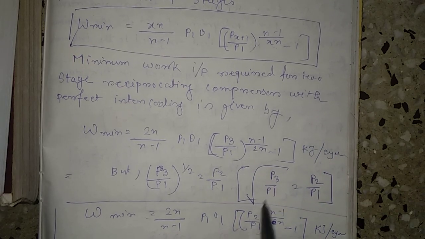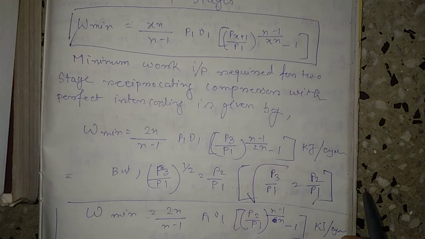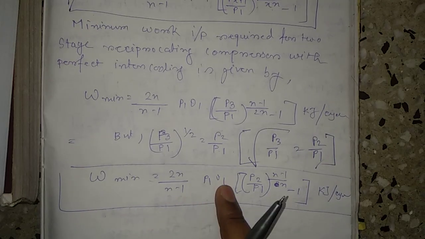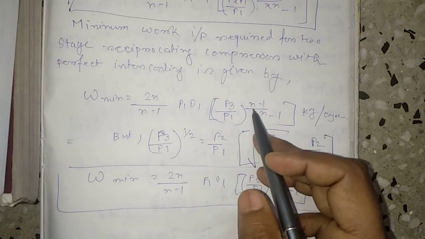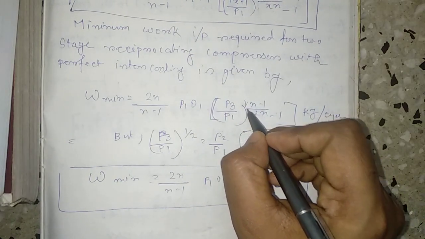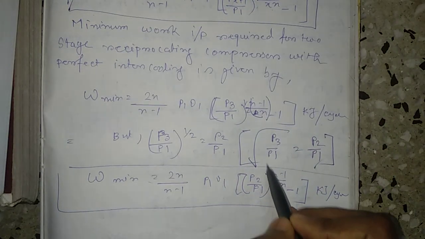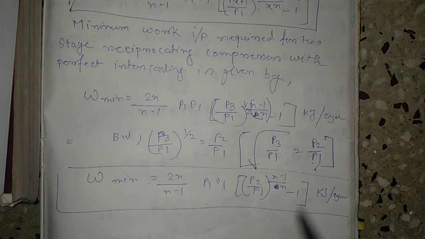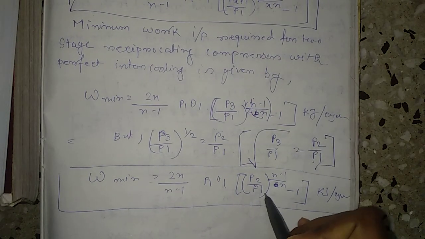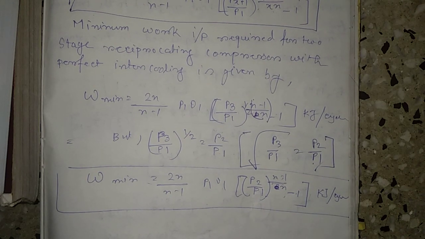So 2n divided by n minus 1 into P1 V1, with (P3 by P1) to the power half, that means (n minus 1) by 2n, can be changed, since the square root of P3 by P1 is equal to P2 by P1, to (P2 by P1) to the power (n minus 1) by n, minus 1, in kilojoules per cycle.